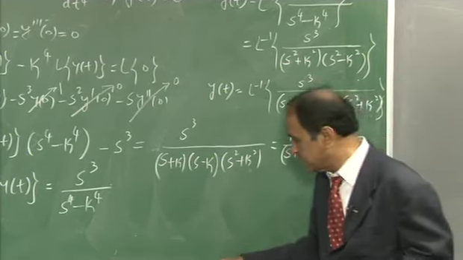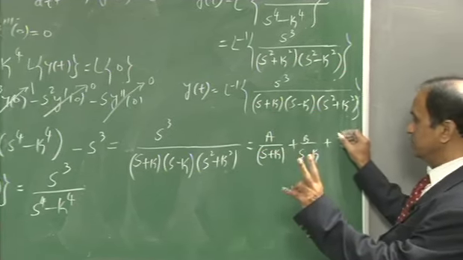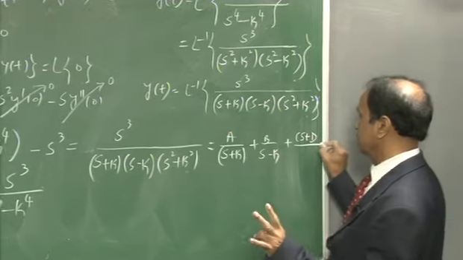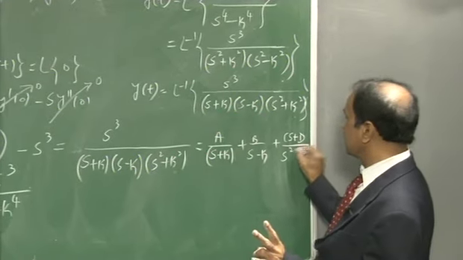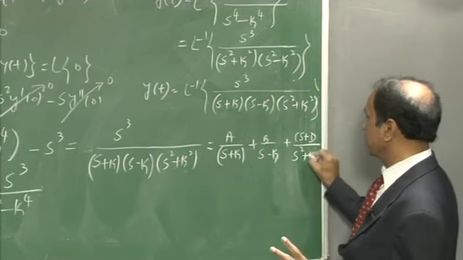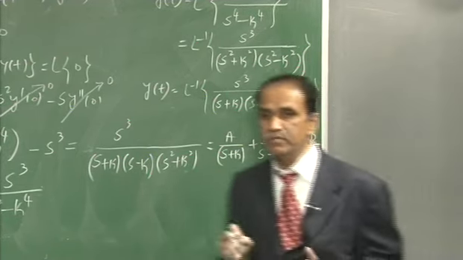Whenever a quadratic is there, you have to assign two constants in this fashion, like Cs plus D. This is the procedure defined in partial fractions, whenever you have a quadratic term which is not possible to factorize.